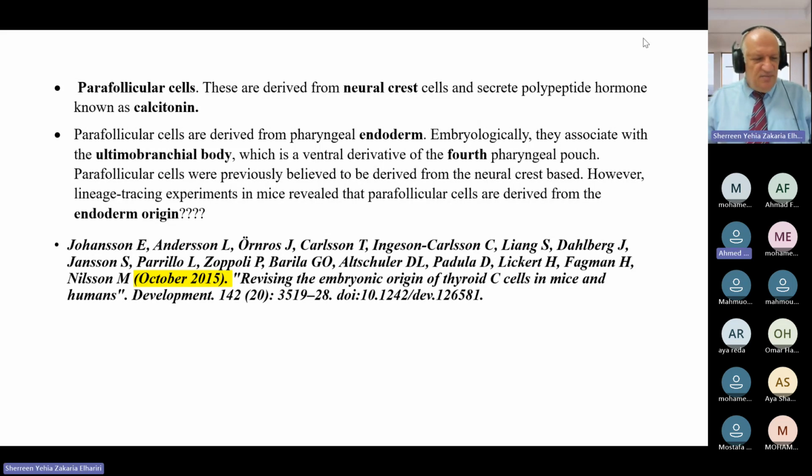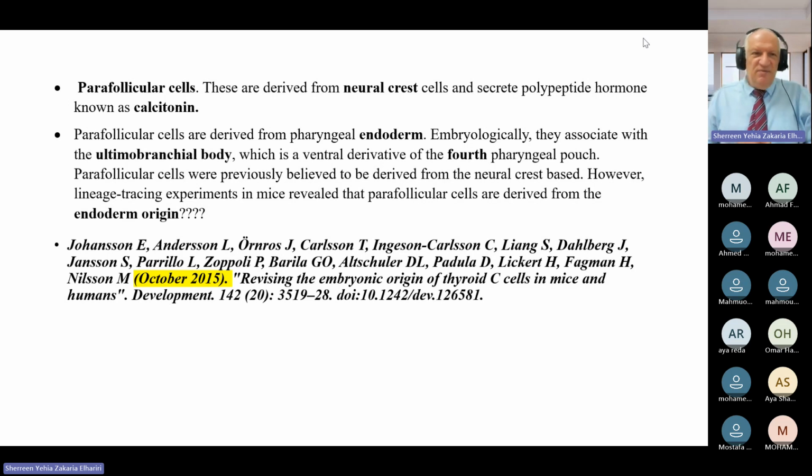Medullary thyroid carcinoma, and it can be part of what? MEN type 2A, MEN type 2B, yes. A or B, no problem. So it can be pheochromocytoma, medullary thyroid carcinoma, and parathyroid adenomas.